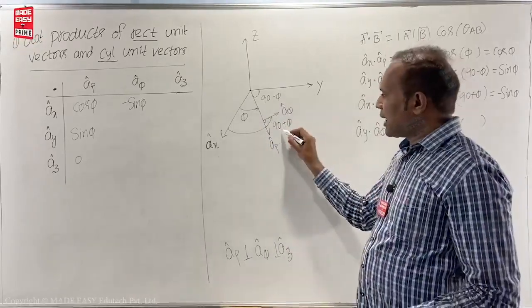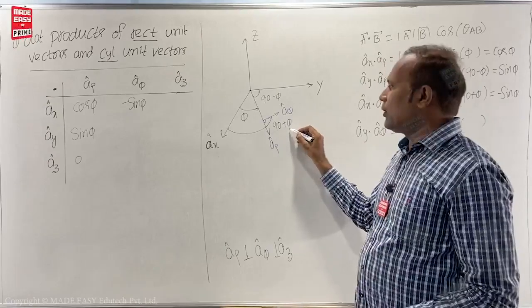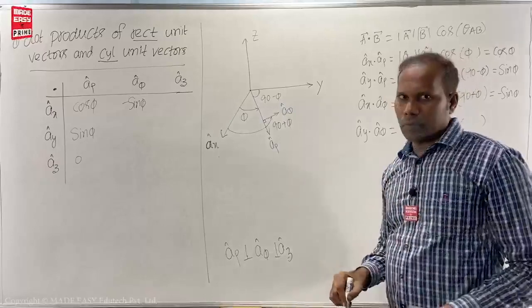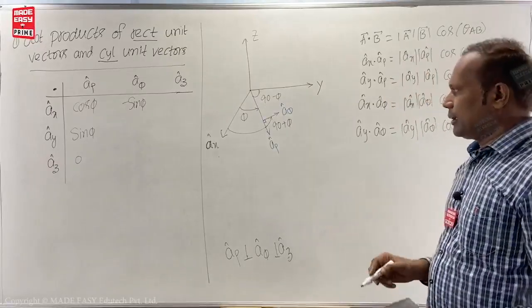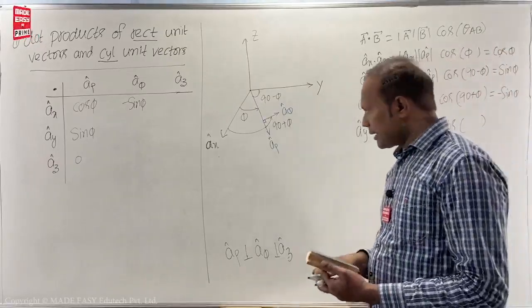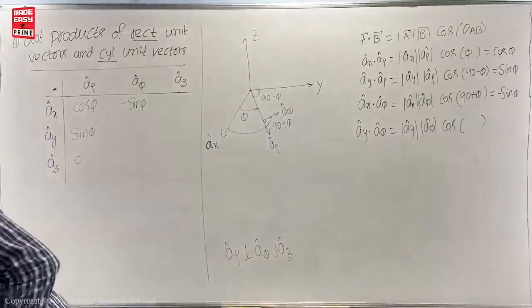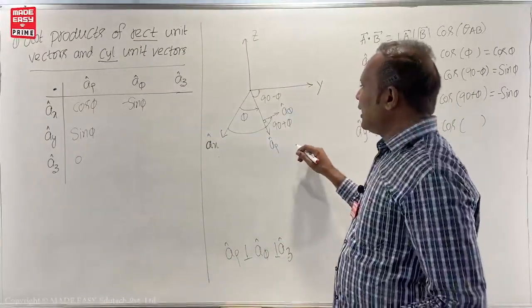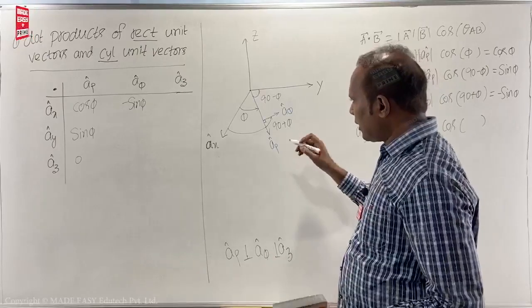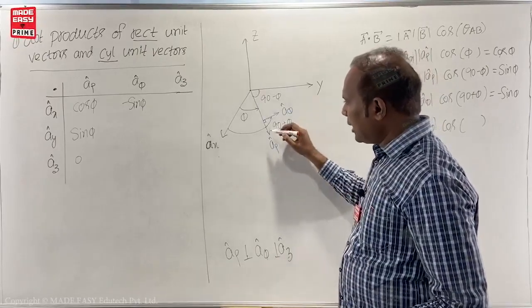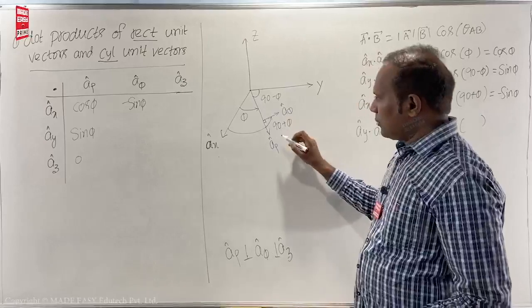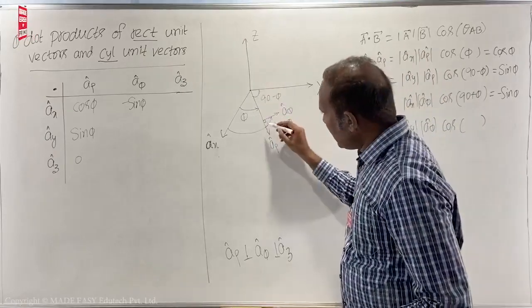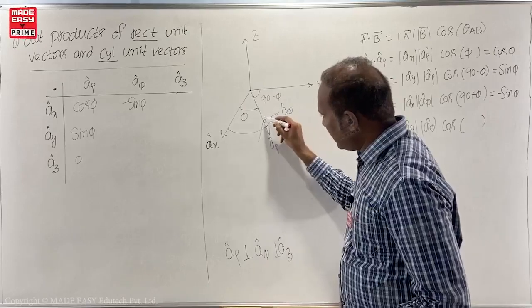If you subtract 90 degrees from this, you get the angle between the phi axis and the y-axis. Otherwise I will use other ink so that you can easily understand. I will draw once again a line parallel to the x-axis like this.